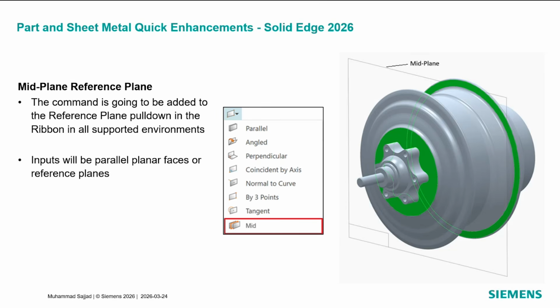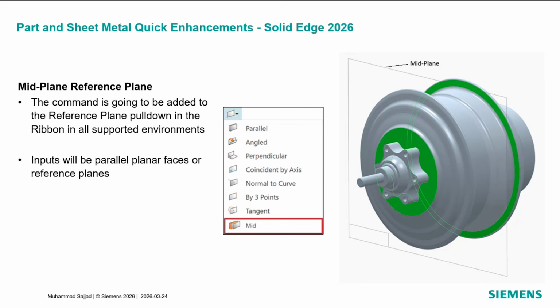Another enhancement is that we added the mid-plane reference plane command. It's located in the reference plane pull down, where you can find other ways to create reference planes in the ribbon. And this is supported across all the environments.